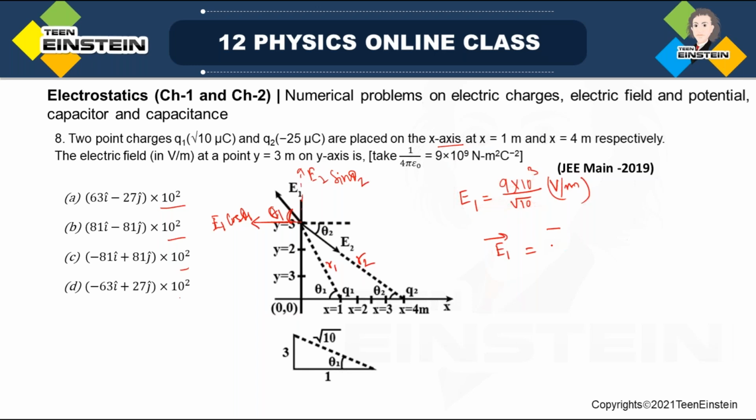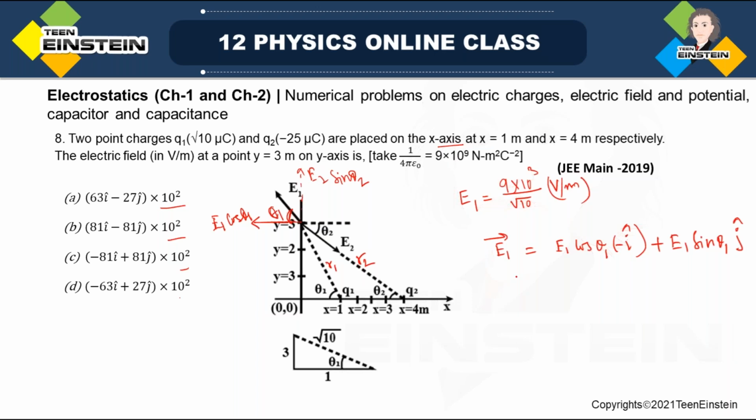Okay, so I can actually write this as minus E1 cos theta 1 i cap plus E1 sine theta 1 j cap. So this will be the vector form of the electric field.